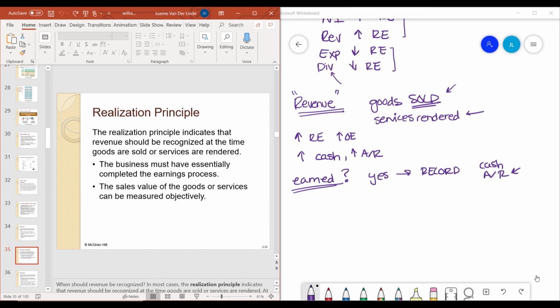That wouldn't suffice. I need to know, okay, this is how much I sold that product for. This is how much I performed that service for, right? As long as I can identify those numbers and goods were sold and or services rendered, then I can record that revenue as earned.